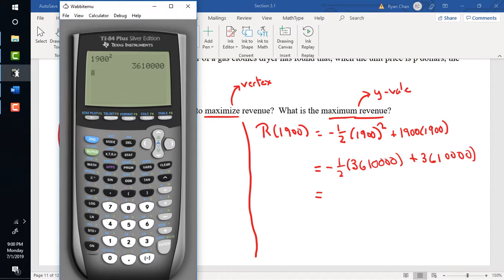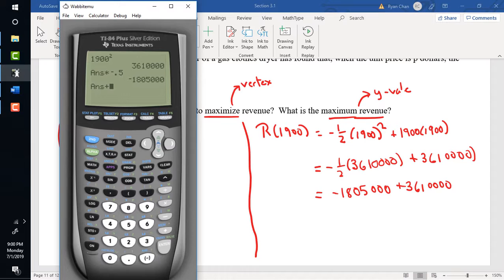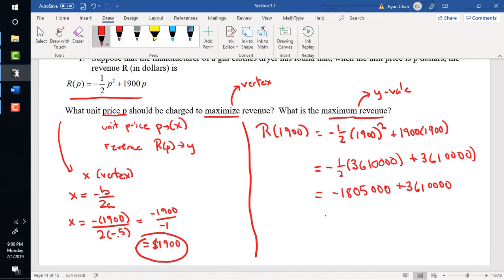Multiply that by negative 1/2, and I have negative 1,805,000. Okay, so that is in dollars, because that's what it says, revenue in dollars, and that's my final answer here.